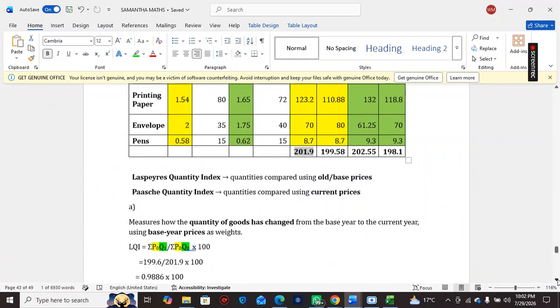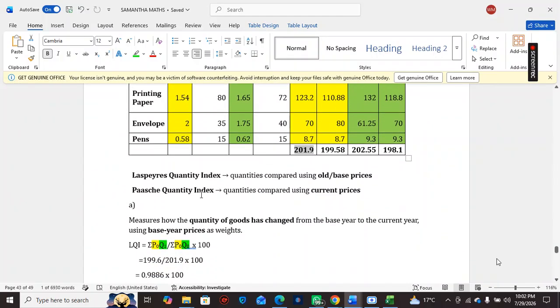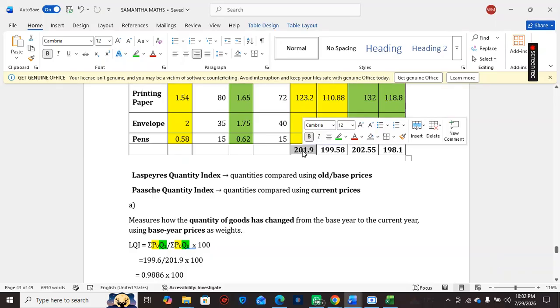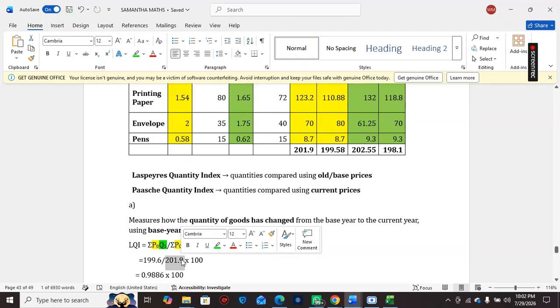Okay, so in our formula here, the summation of P0 Q1 is 199.58, which I rounded off to 199.6, divided by the summation of P0 Q0, which is 201.9 here, multiplied by 100.